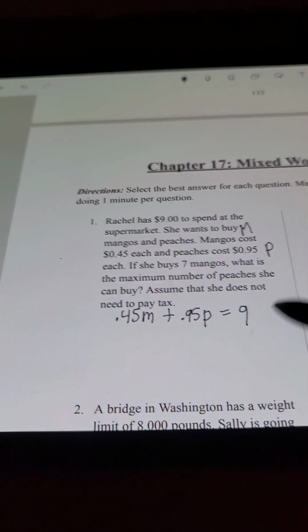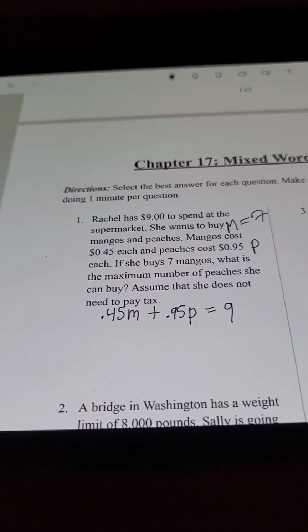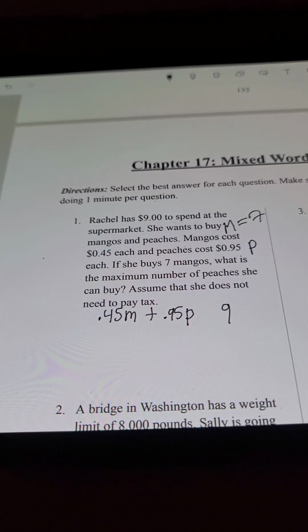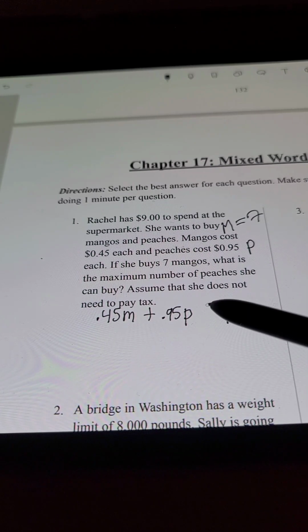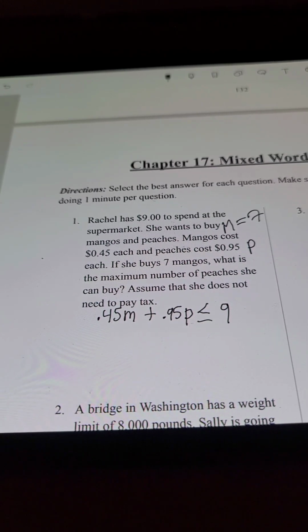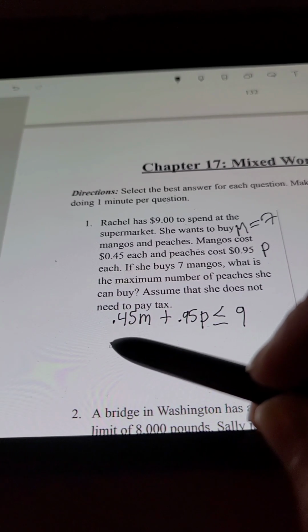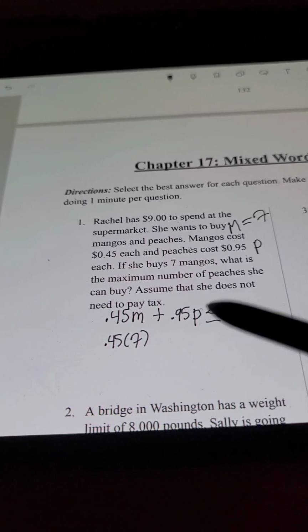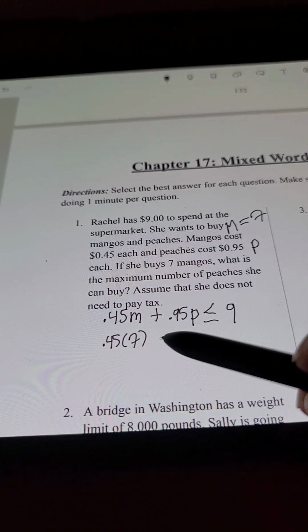So if she buys 7 mangoes, so M is equal to 7, and actually instead of equals, let's change this to an inequality symbol to make it even more accurate. So we're going to say it has to be less than or equal to 9. So if M is 7, I'm going to plug in 7 for M, we're trying to figure out the biggest number that P can be, basically.